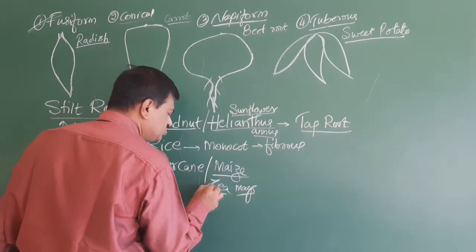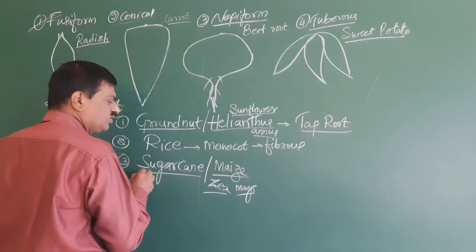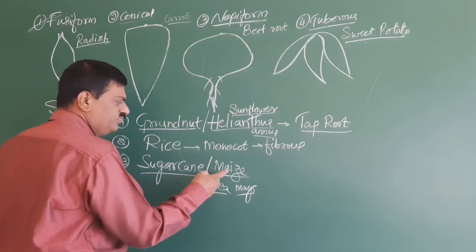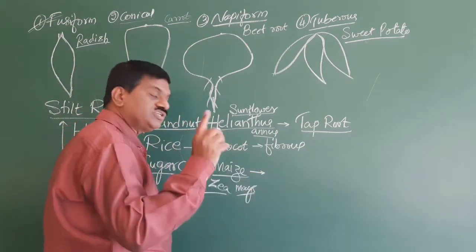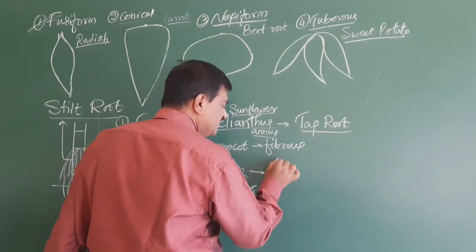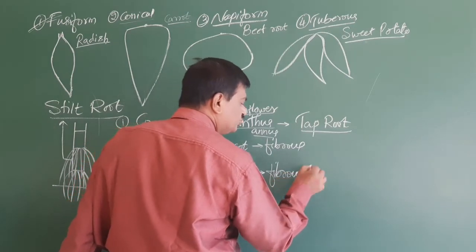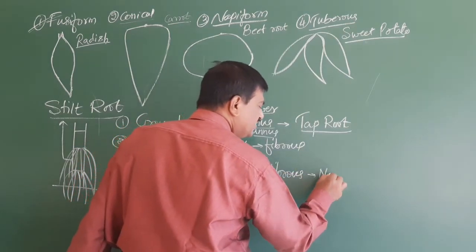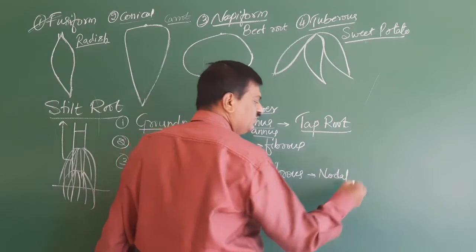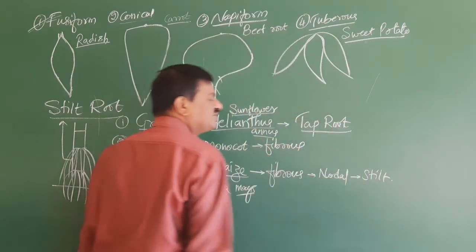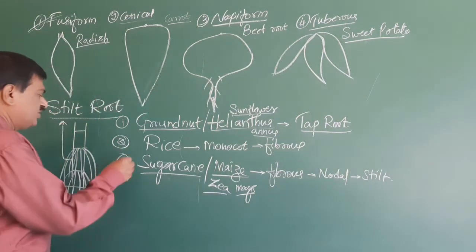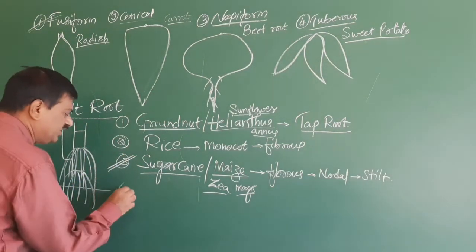Sugarcane is Saccharum officinarum. In these, on the lower side there is a presence of fibrous root, but from the nodal region there is a presence of stilt roots. So the right answer is sugarcane.